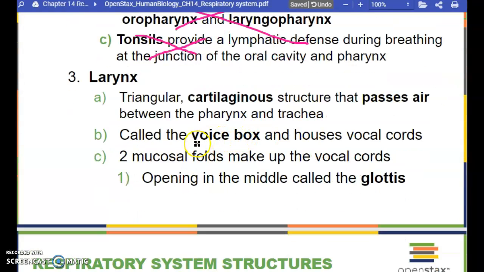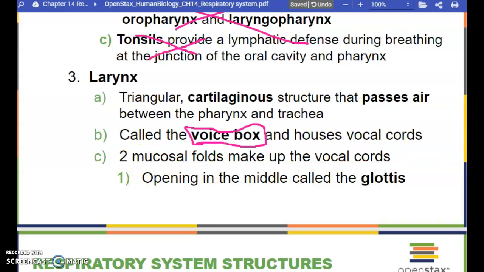The larynx is important to realize. The larynx is your voice box. It's a cartilaginous structure. Air passes through. You have folds that make up the vocal cords.